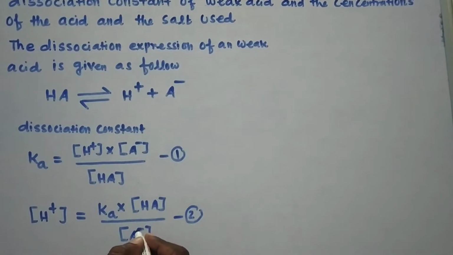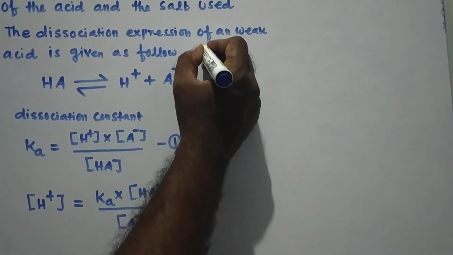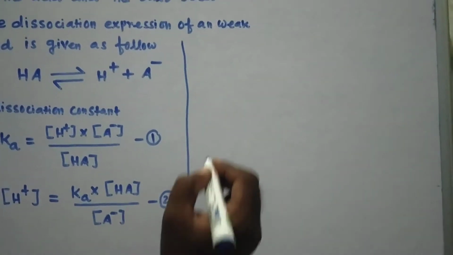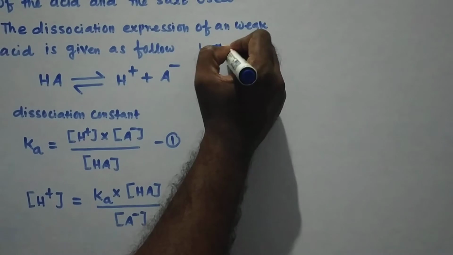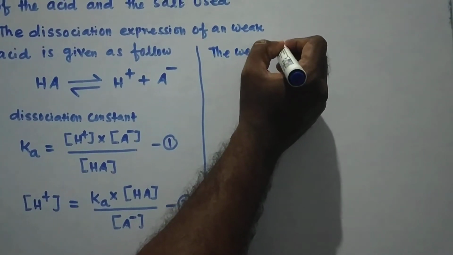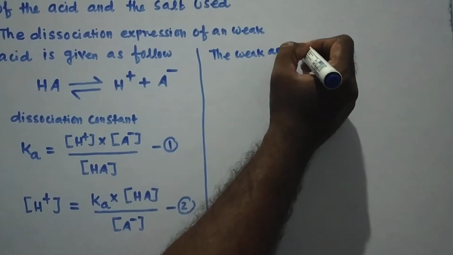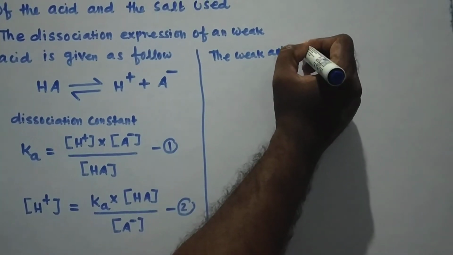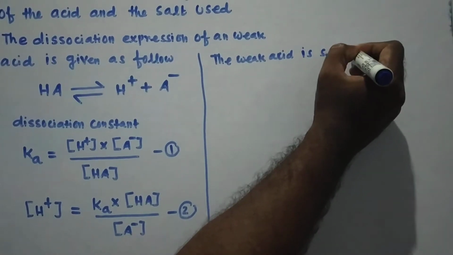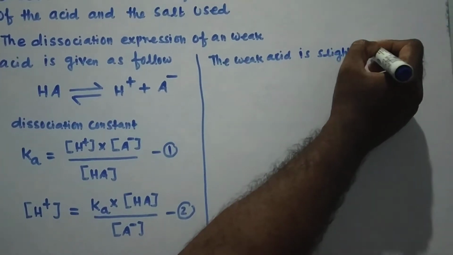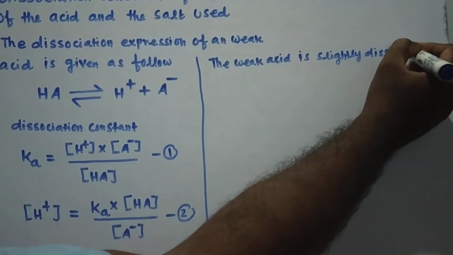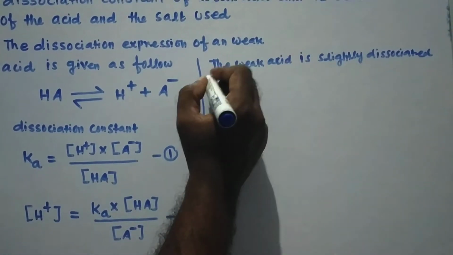Okay, this is equation number 2. Then it's well known that the weak acid used in the buffer is slightly dissociated into ions.